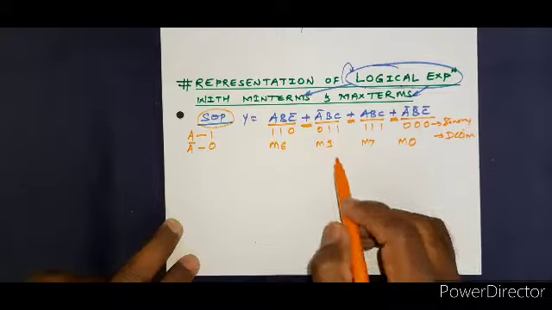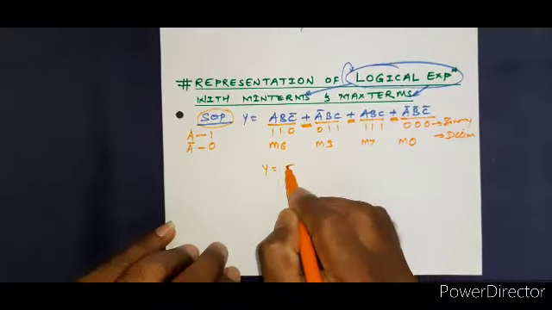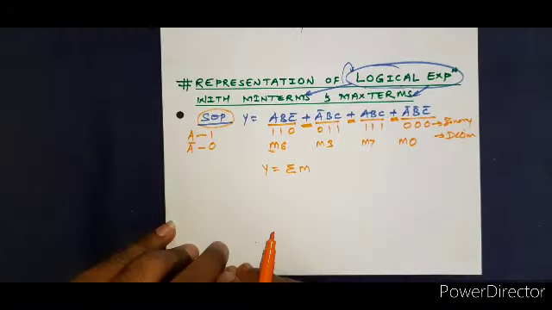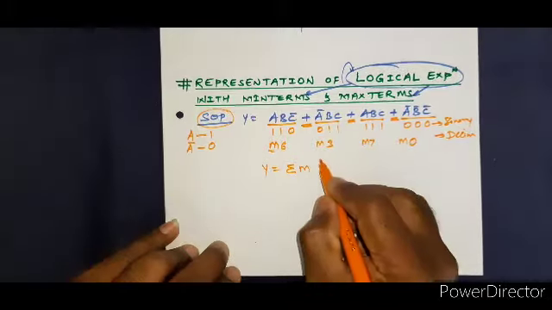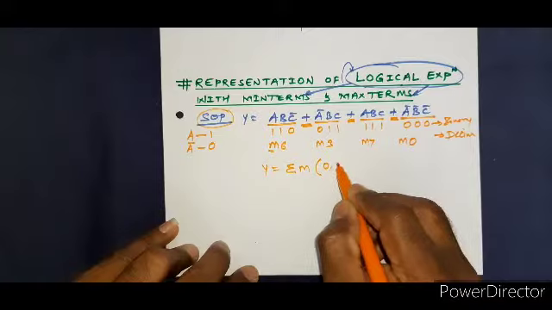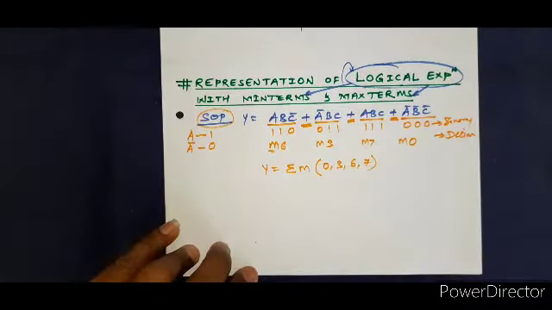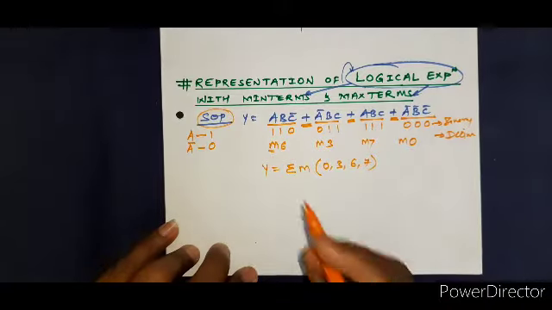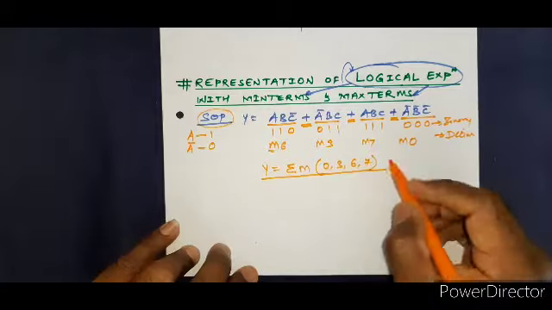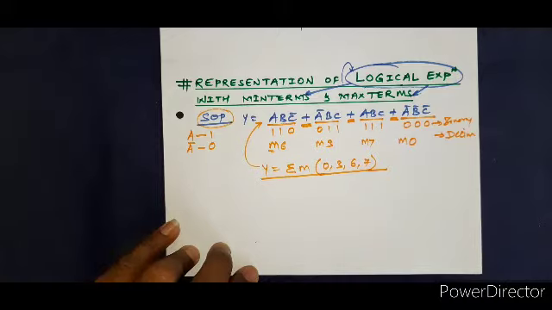Can I write y equal to summation of small m, writing in ascending order 0, 3, 6, 7? So you can see we have created a very shorthand expression which corresponds to this one.